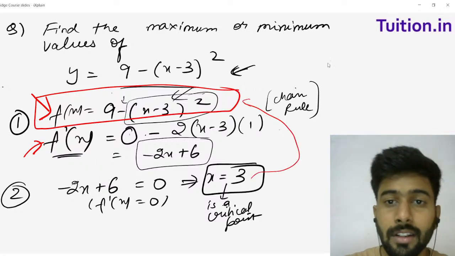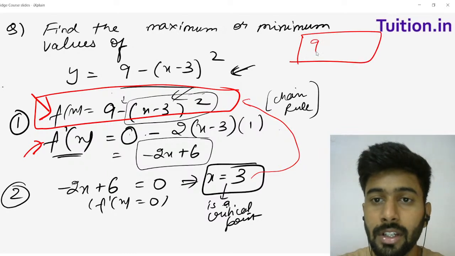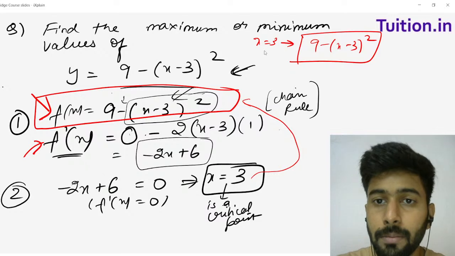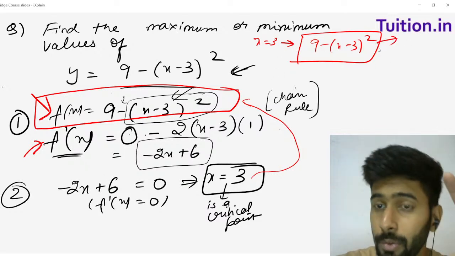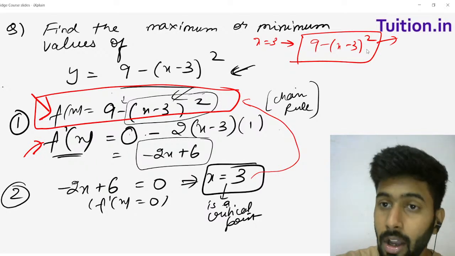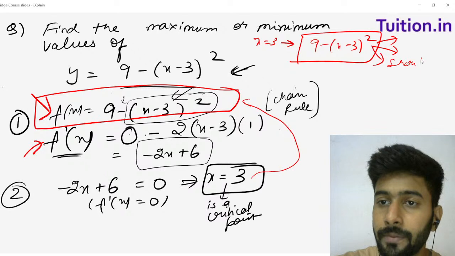Which means for this function 9 minus (x minus 3) whole square, if I give x equal to 3 as input, something will happen. Either I will get the maximum output that's possible from this function, or I will get a minimum output, or I will get a sharp point.